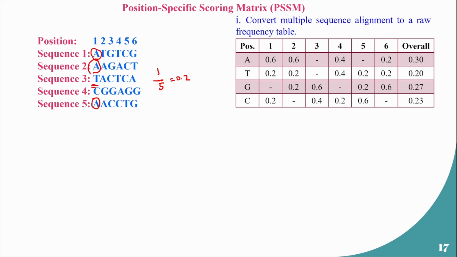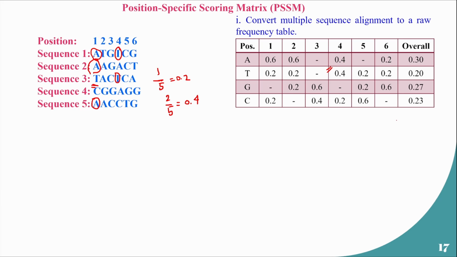Similarly, at position 4, the occurrence of threonine: we see 2 threonines there. So that will be 2 by 5, or 4 by 10, which is 0.4. That's how you can calculate the frequency of occurrence for a particular position.